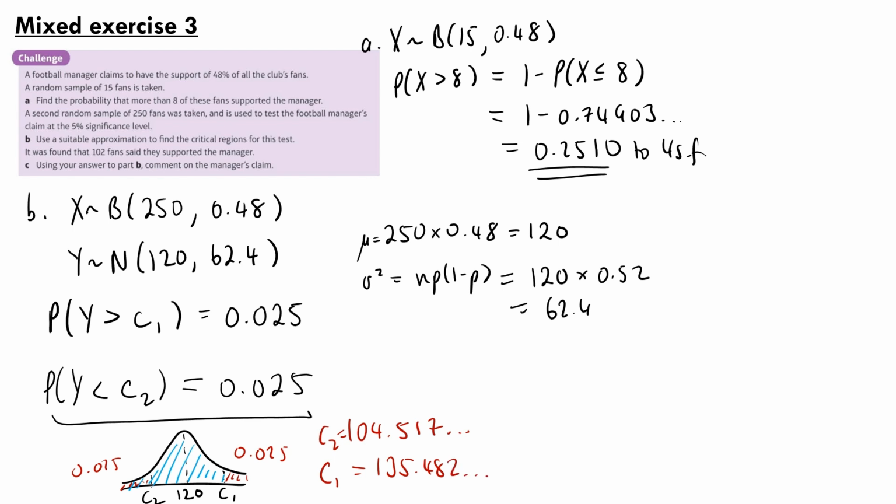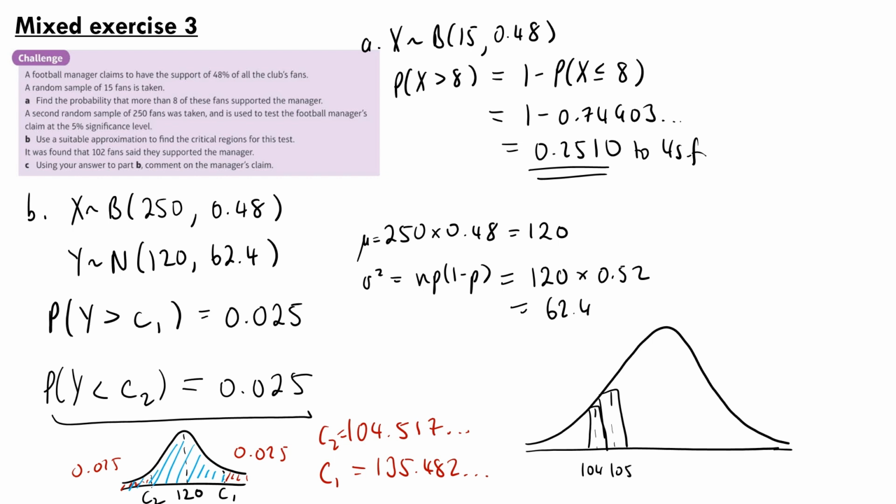Now if we think about the continuity corrections before we write our critical regions, here's the normal distribution we've got. Then we're going to look at these two bars here, representing 104 and 105 on the binomial distribution.